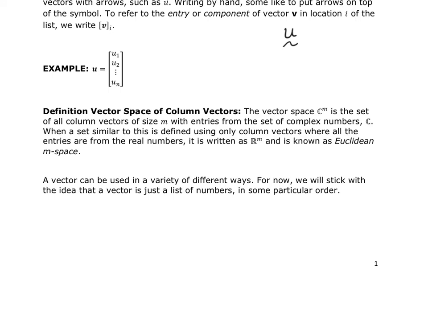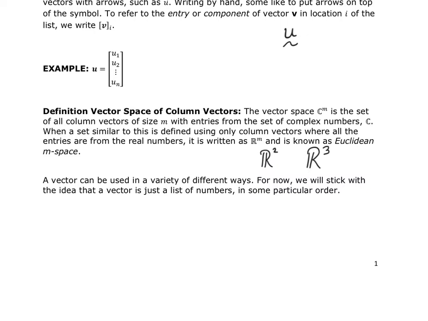What we mostly see is R to the m, the Euclidean m space. What we've talked about and seen before is R to the 2, so we're talking about the Euclidean 2 space, x and y. You might see R to the 3, the Euclidean 3 space, if you wanted x, y, and z.